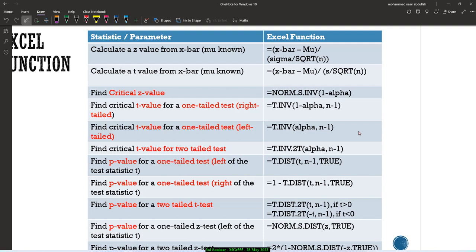Muka surat 82. Right? You boleh tengok dalam muka surat 82. Benda yang sama lah. Right? I just copy back. Right? So, kita akan pakai this one to calculate the Z value and to calculate T value and finding critical value and critical value for T value and P value as well lah.